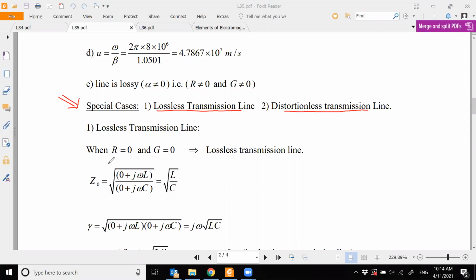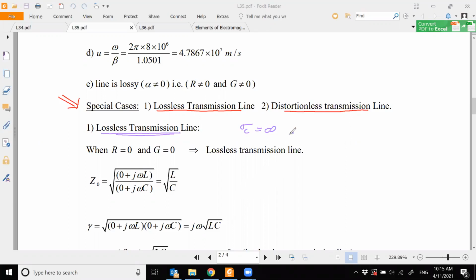So lossless transmission line is the line where the conductivity of my conductor, that means the metal, the conductors that we took to make the two, say, conducting paths for positive and negative, that is infinite.